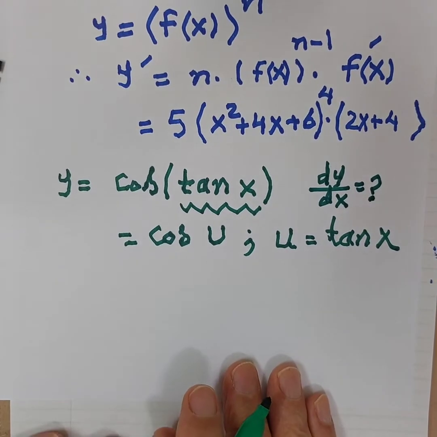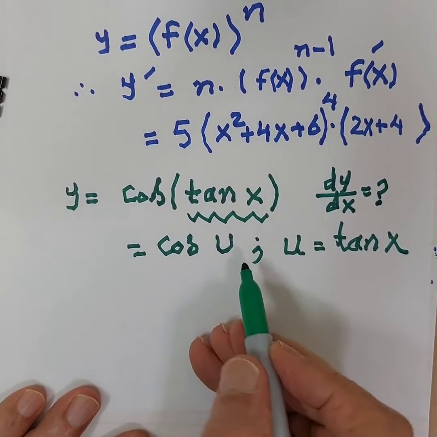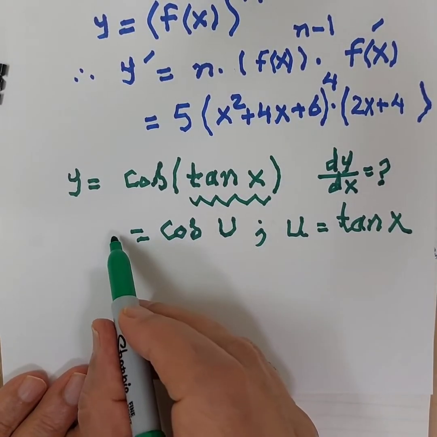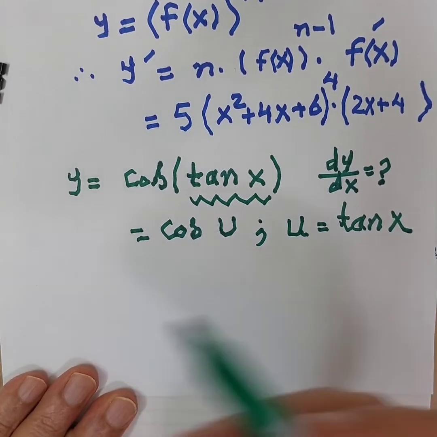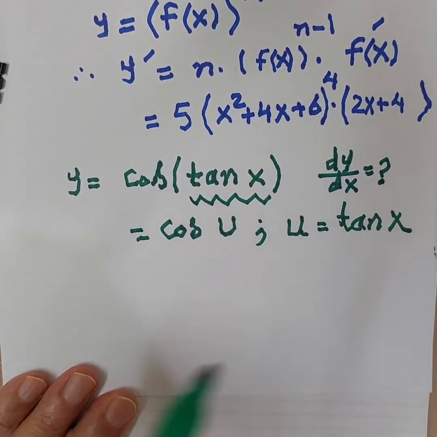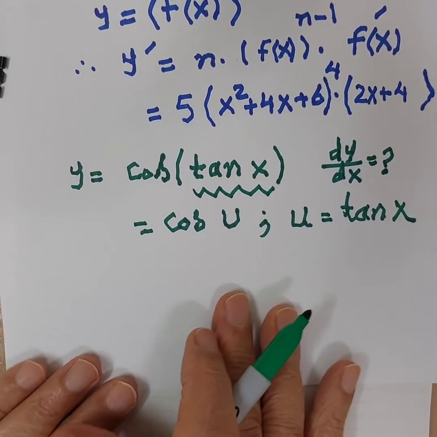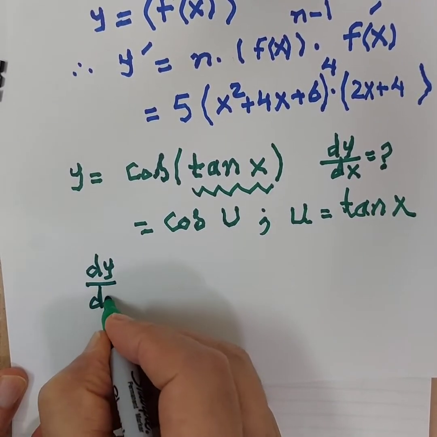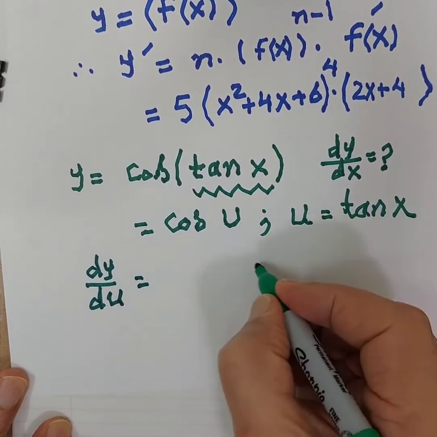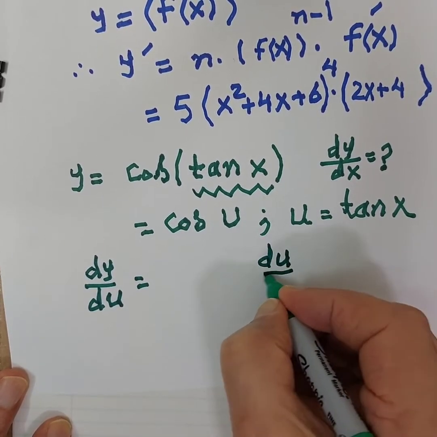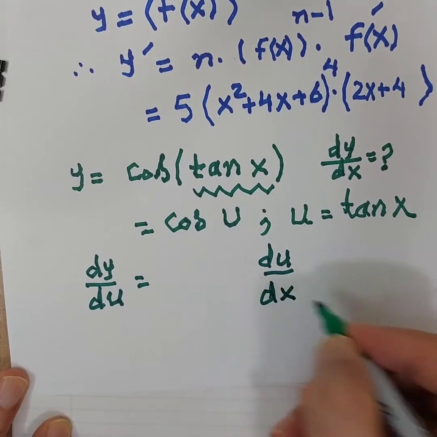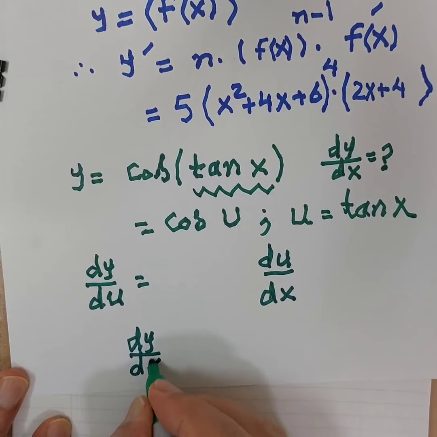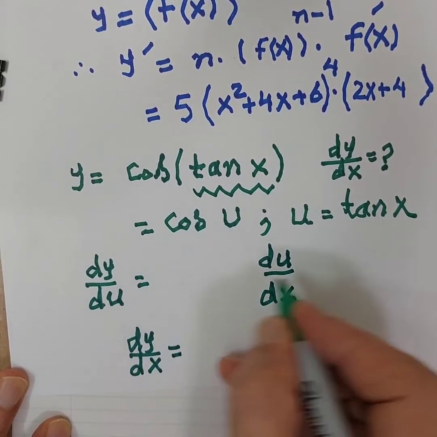We'll do as the chain rule says. First, find dy by du, then find du by dx, and multiply them together. So we write dy by du and du by dx, then dy by dx, which is the multiplication of these two results together.